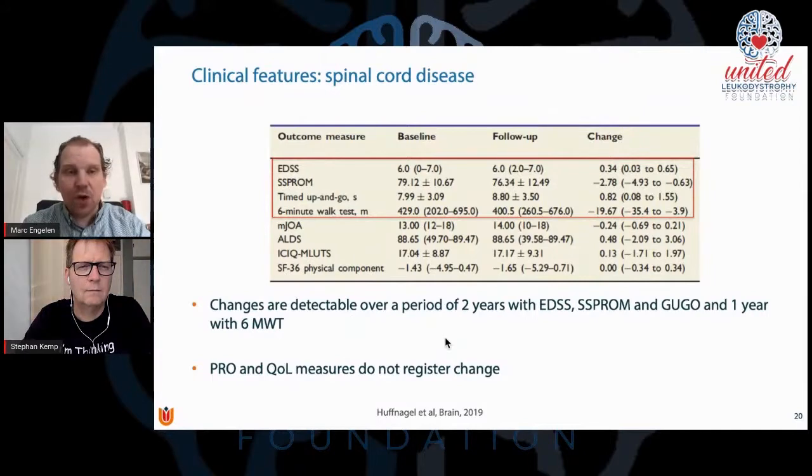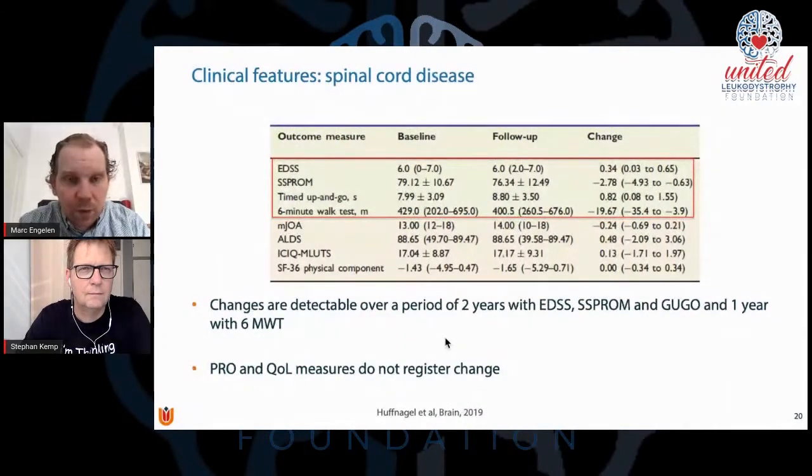Although we've known about symptoms of spinal cord disease for maybe 120 or 130 years, it's still very difficult for us to quantify it, to measure it. And all the tools that do exist have severe limitations, as I'll try to illustrate based on this table.